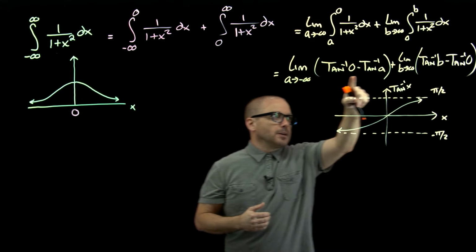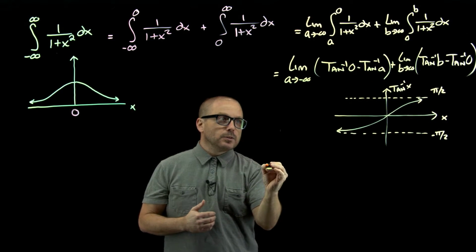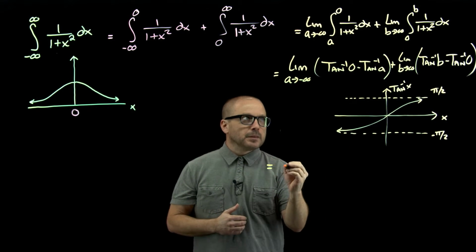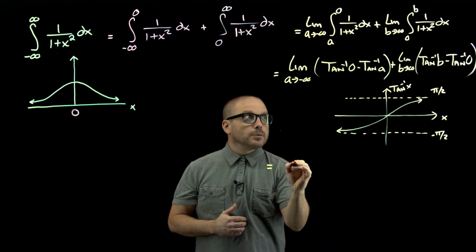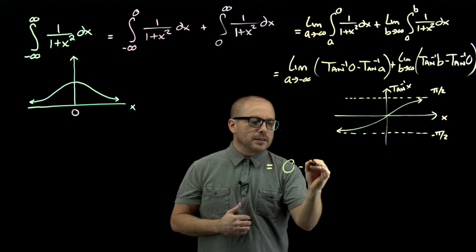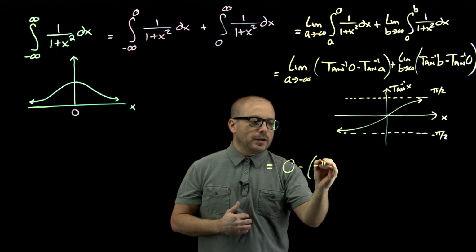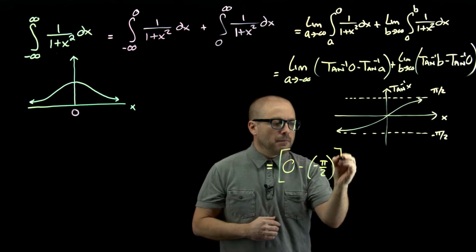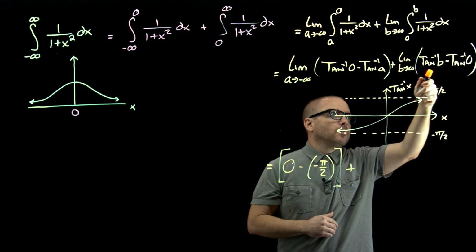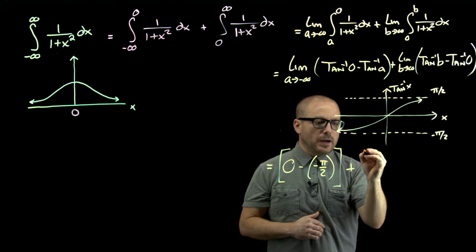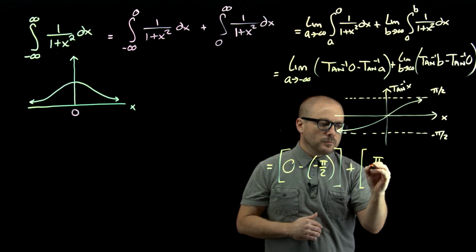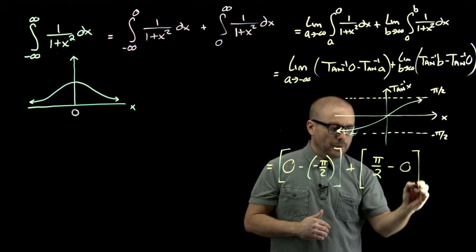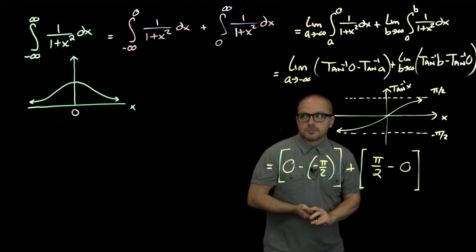So going back to our limits here, what are we trying to do? We're trying to go to negative infinity, so that's negative pi over 2. Tan inverse of 0 is 0. So we have 0 minus negative pi over 2. Over here, we're going to positive infinity, so we're heading to pi over 2, minus tan inverse of 0, which is 0.